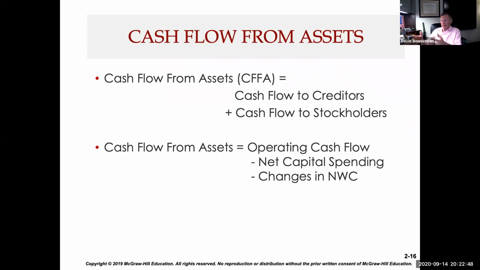So we take our operating cash flow and we back out our net capital spending, and we back out our changes in our net working capital, we get to our cash flow from assets. So we call this the cash flow identity, all right? So the cash flow to creditors plus the cash flow to stockholders is equal to operating cash flow minus net cap spend minus change in net working capital. Okay, and we're going to go through an example of how this works here in just a second.